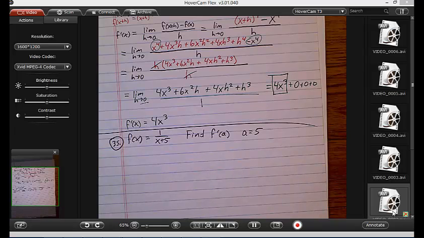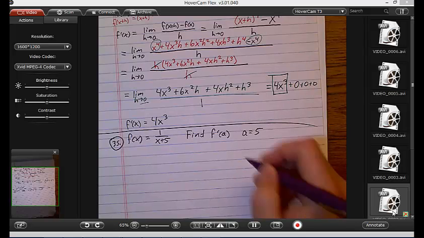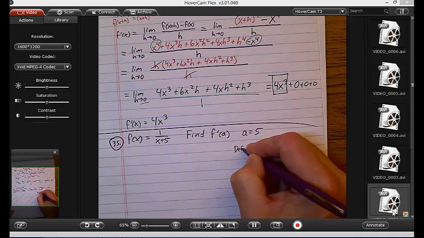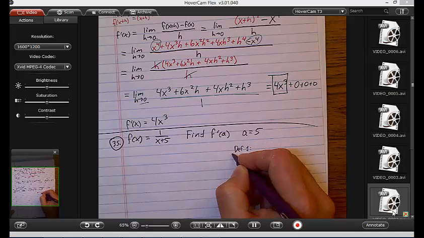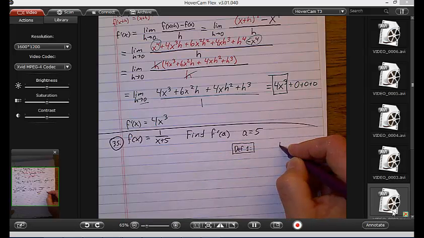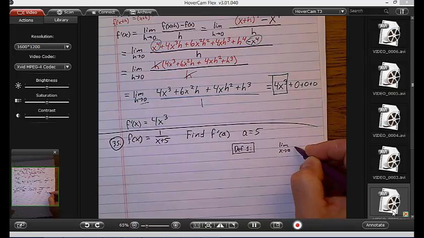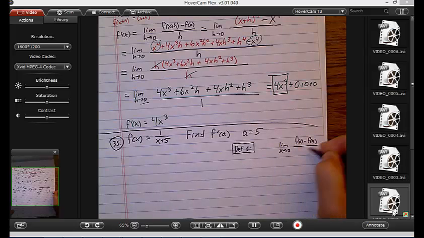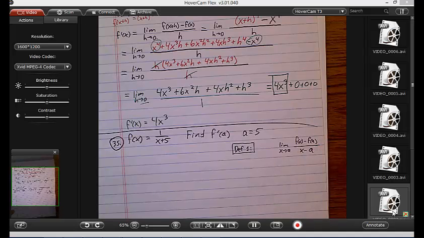Okay? So there's kind of two ways to do it. And the book hinted at this. If you use definition 1, you can kind of get f prime of a directly. The limit as x approaches a of f of x minus f of a over x minus a.